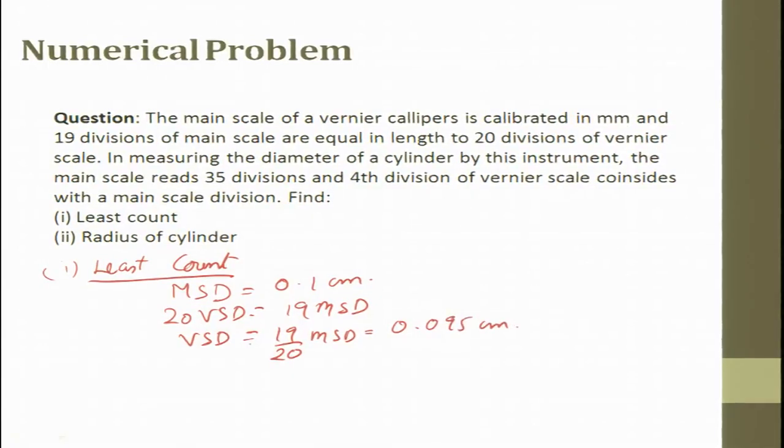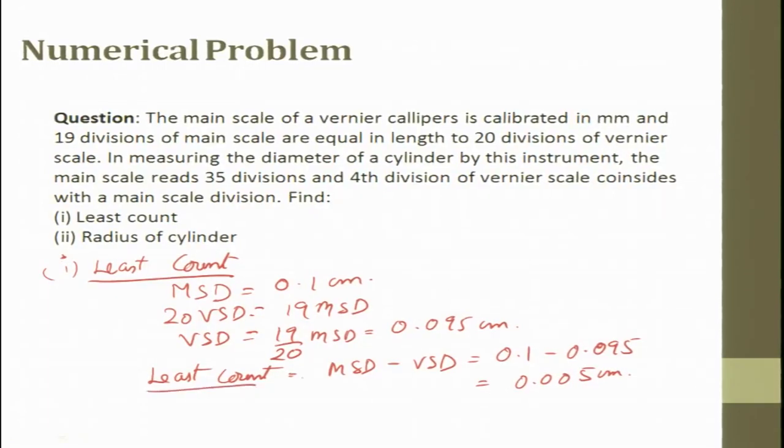Okay. Is this the least count? No, this is the VSD. Least count is nothing but MSD minus VSD, which is 0.1 minus 0.095, which is nothing but 0.005 centimeter. This is the least count.